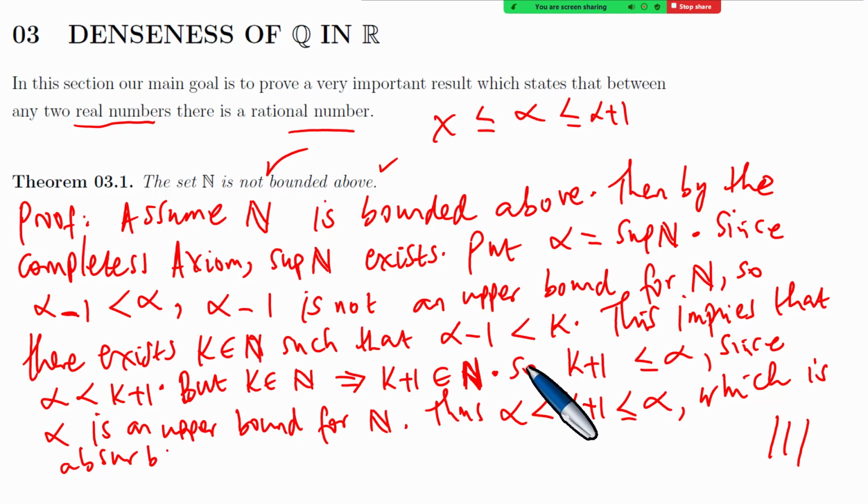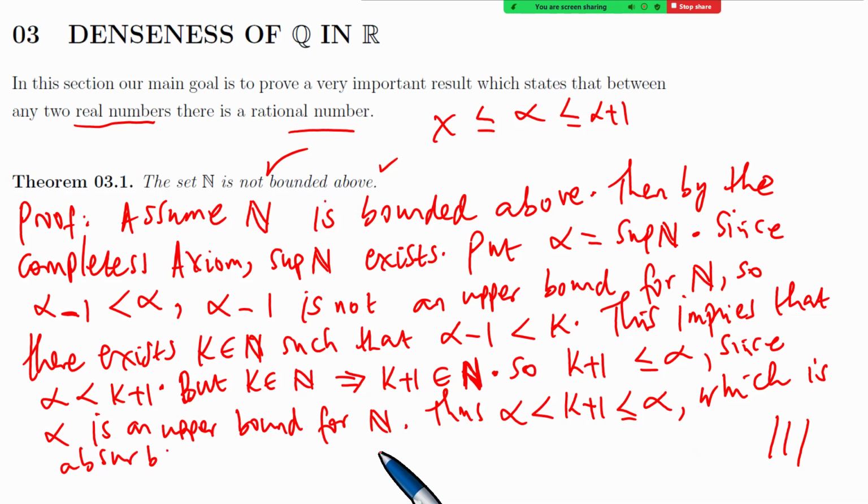K plus 1 is an element of n. Okay, so k plus 1 is less or equal to alpha, because alpha is the upper bound. So it means that it's above the kinds of elements of n.